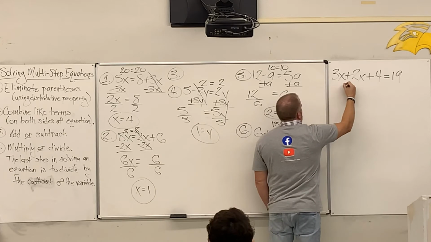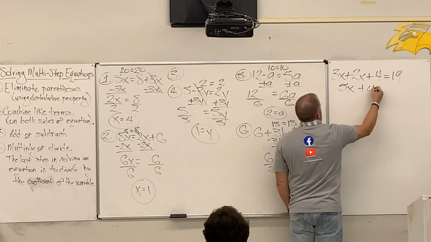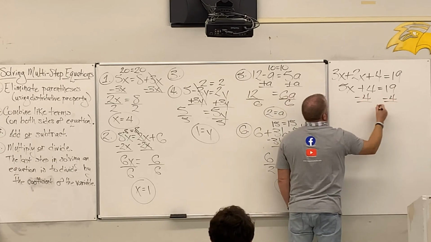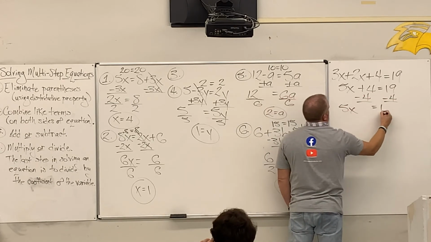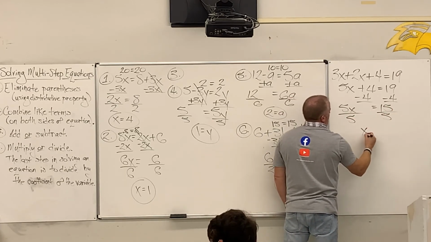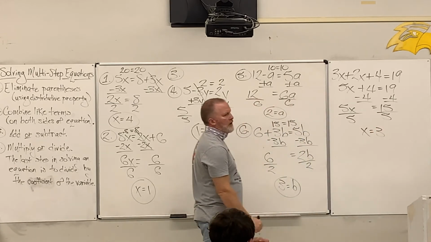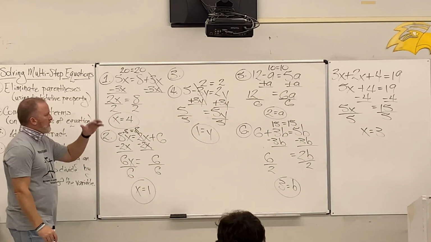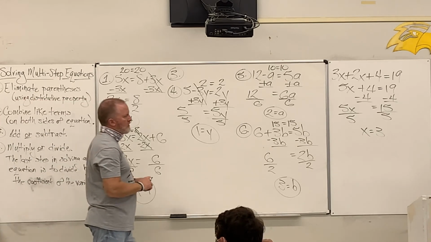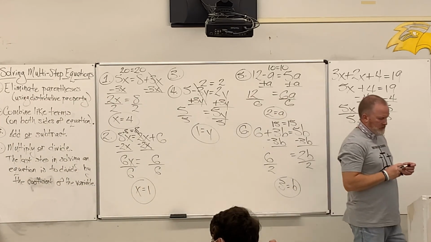So here I would say 3 plus 2 is 5x, and then subtract 4, and then divide by the coefficient. X is 3. Alright, and you can see how in that problem we went through the checklist, right? Because we started out, we combined like terms, then we subtracted, so we did our addition and subtraction, and then last step, we divided by the coefficient of the variable. Alright, any questions?